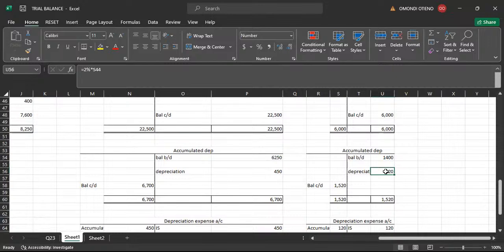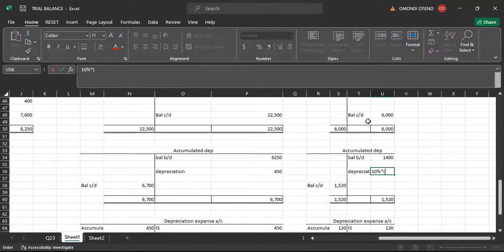Depreciation expense for the year, we are told that it is 10% on the net book value, not cost. It is 10% on the net book value as at that date. So it will be 10% times net book value.